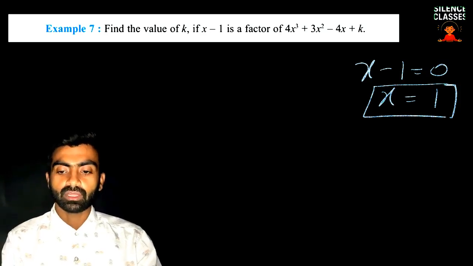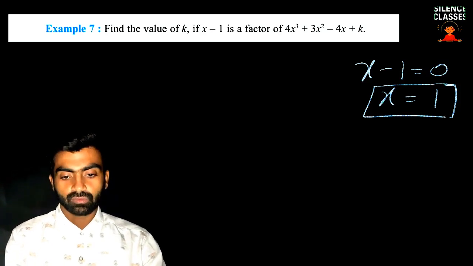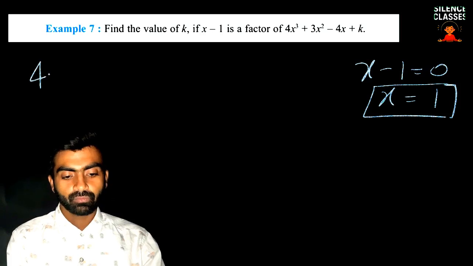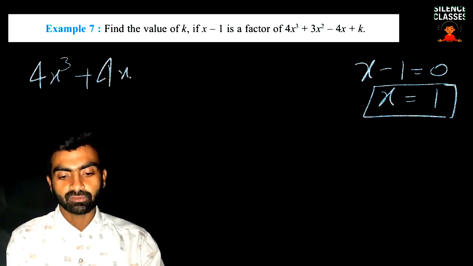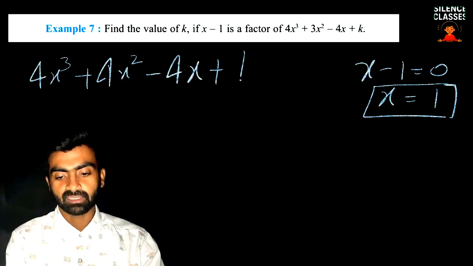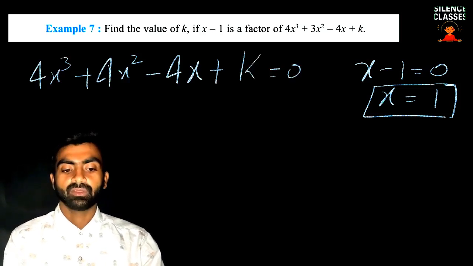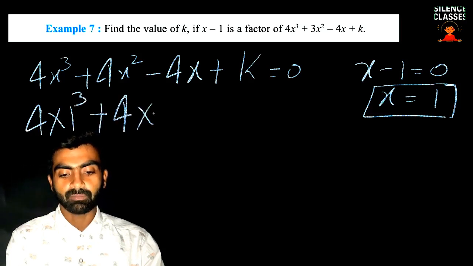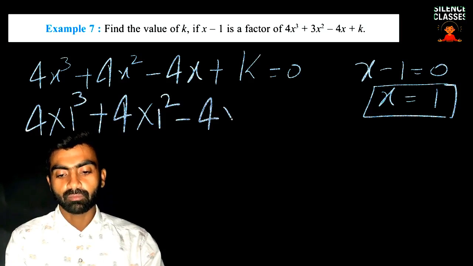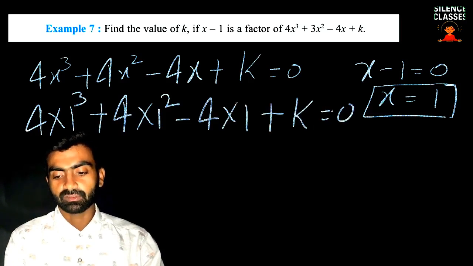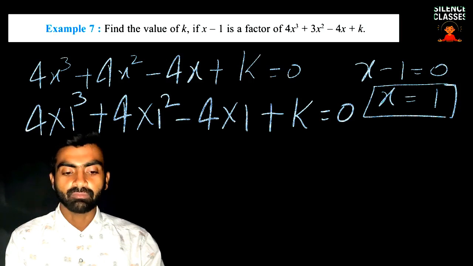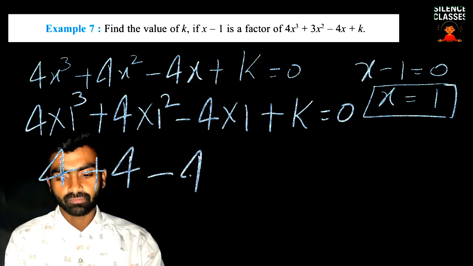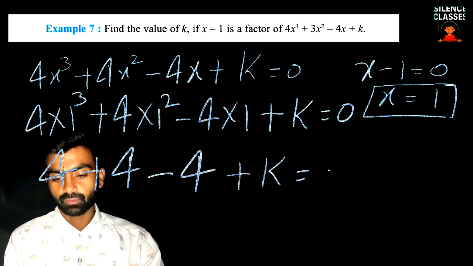Now we will find the value of k. So in place of x, put 1 in 4x cube plus 4x square minus 4x plus k is equal to 0. 4 multiplied by 1 to the power 3 plus 4 multiplied by 1 to the power 2 minus 4 multiplied by 1 plus k is equal to 0. 1 times 1 times 1 is 1, and 4 ones are 4, plus 4 minus 4 plus k is equal to 0.